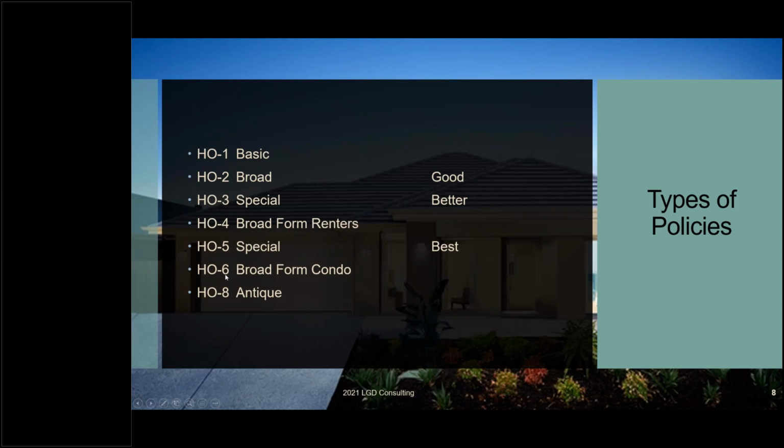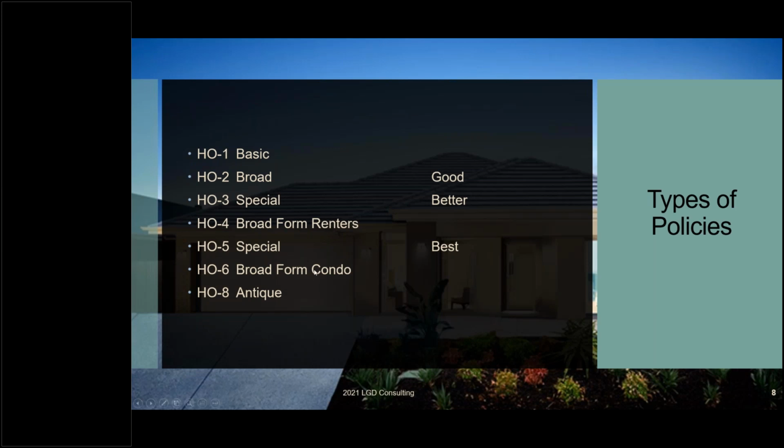And then HO6 is for someone who owns a condo. Again, there's no condo policy in the test world. In the real world, we call it a condo policy, but in the test world, there's no such thing. It's a homeowner's policy designed for someone who owns a condo, called an HO6.